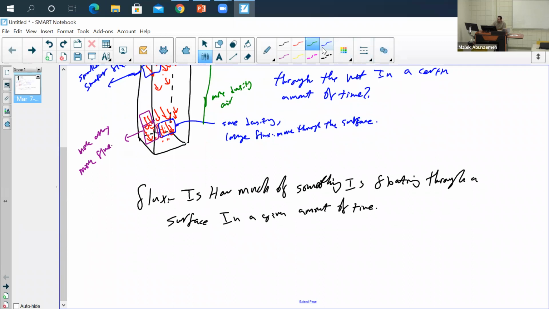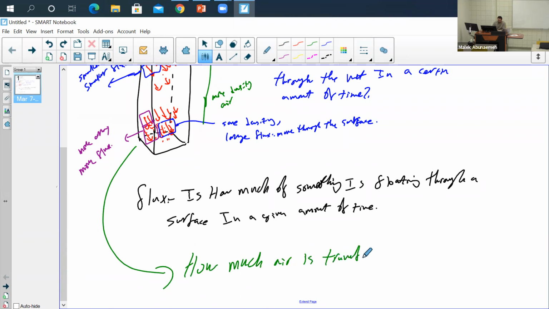So basically, what we're talking about in this example is how much air is traveling in a given amount of time.